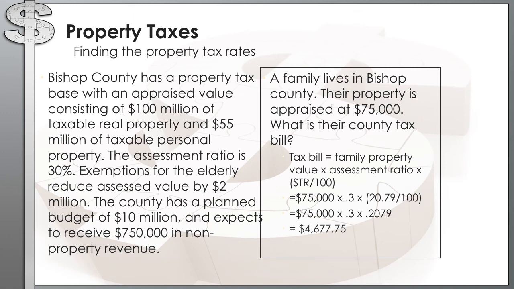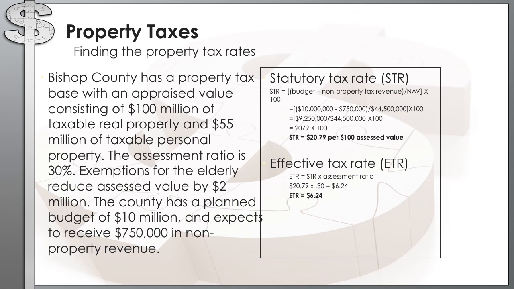Okay, now you could shortcut this, right? Since we know what the effective tax rate is, you can just take the $75,000 and multiply that times the effective tax rate, which would be 0.624.